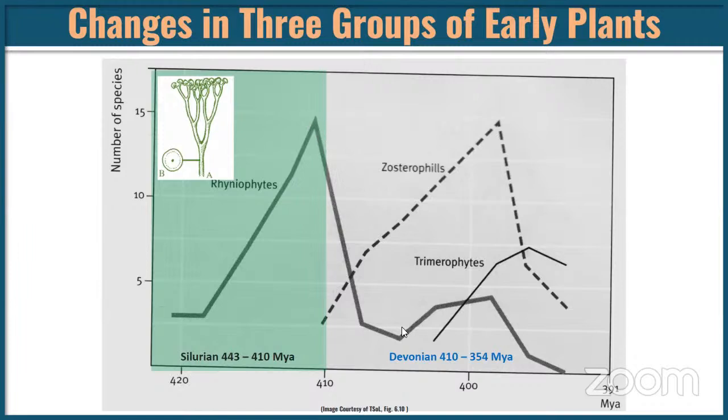And then they really die off and go extinct before the end of the Paleozoic. They get taken over by some other plants called Zosterophylls, and then we start to see something called Trimerophytes. We can touch more on what's going on on land as we move through our later videos.